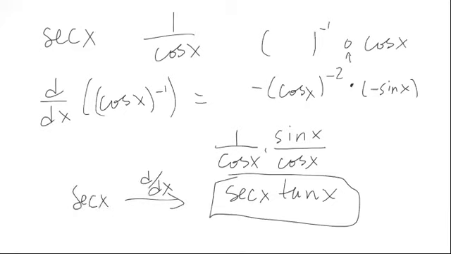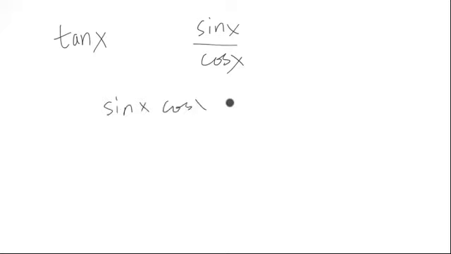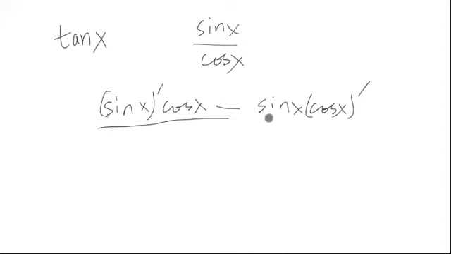Okay, let's look at another one. Tangent x is sine x divided by cosine x. We could use a product rule in some way, but we could do a quotient rule too. So let's practice that. Sine x, cosine x, sine x, cosine x. This one gets the turn, this one gets the turn. When the bottom gets the turn, there's a minus, all over the bottom squared.